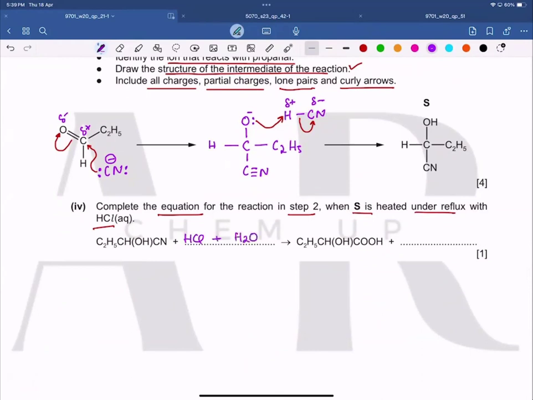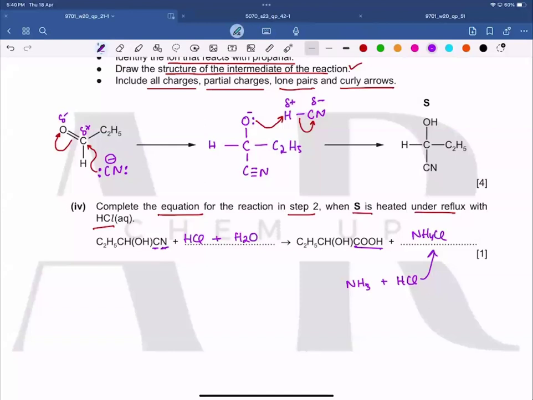So this carbon turns into carboxylic acid. What happens to this nitrogen? It turns into ammonia. But as HCl is there, ammonia is a basic substance and HCl is acidic, so they both would react, and here you will get NH4Cl, ammonium chloride.